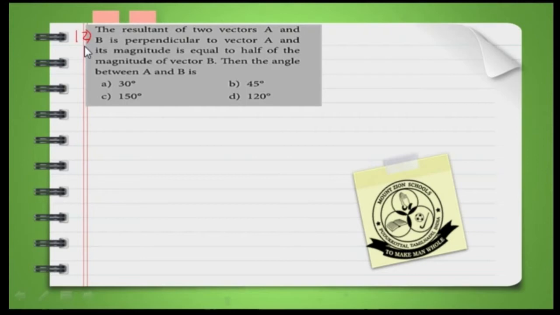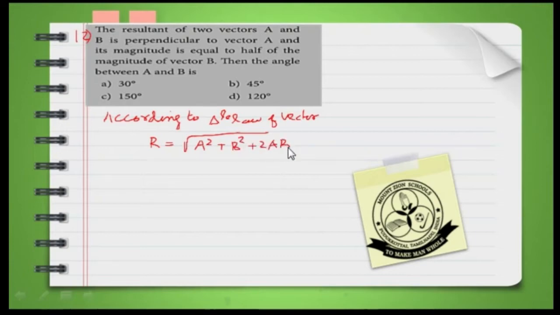As there are two vectors with an angle, to find out the resultant, we need to apply the triangle of vectors. According to the triangle of vectors, the resultant R is equal to square root of A square plus B square plus 2AB cos theta.